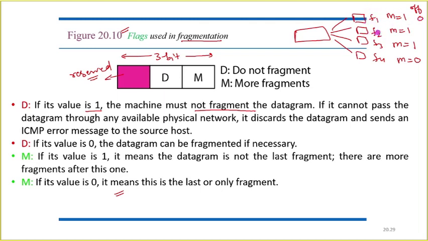Next, at this level, the offset will not be 0, because before this there is already one fragment sent. Suppose its size is 20 bytes, or whatever the size is. That is the data already sent in the previous case, and it will be represented by the offset.